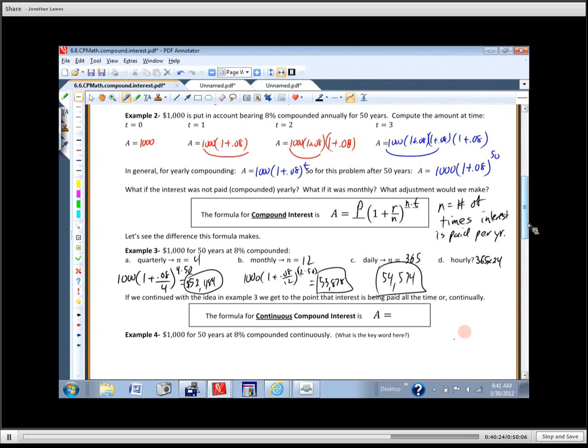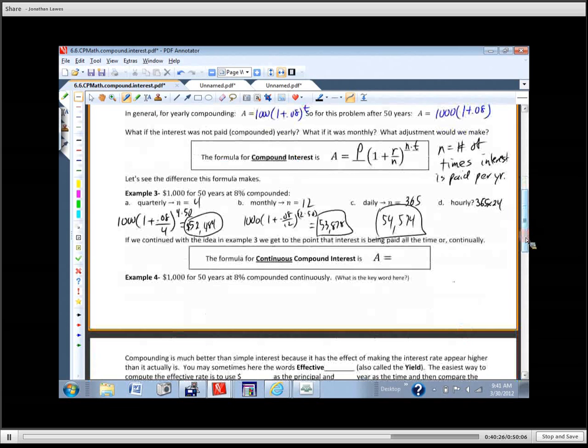Well, so this begs the question, what if we could pay interest not every hour, not every second, but all the time, like continuously? Just add tiny, tiny amounts of interest. Okay? There we get to something called a continuous compound interest formula, and it looks like this. And a number crops up that we've seen before.